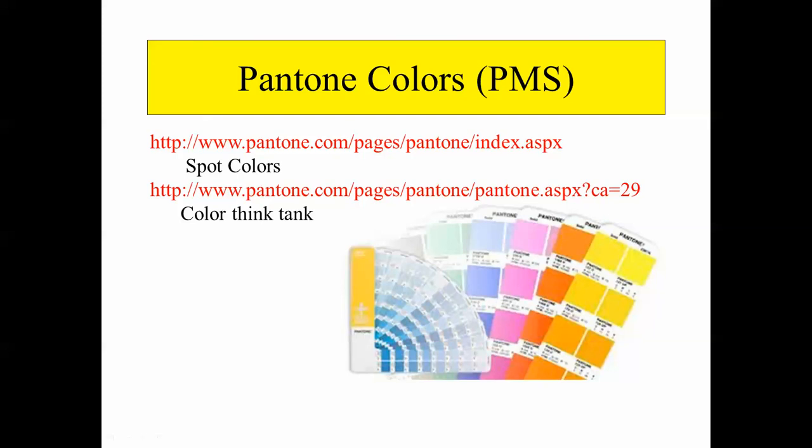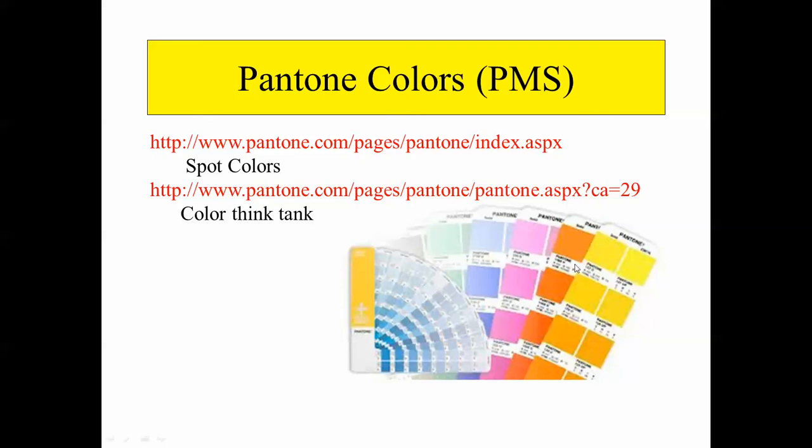Now, when we're creating a logo, or we want to produce a specific color, we use something called spot colors. And this is a color sample where the colors, no matter where you get it printed in the country or in the world, should look alike.